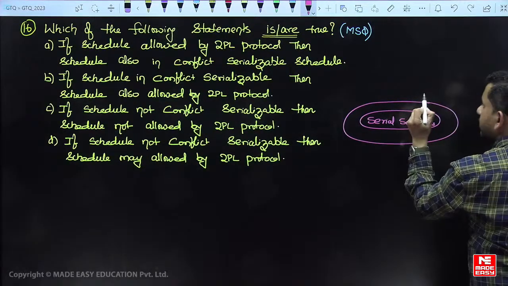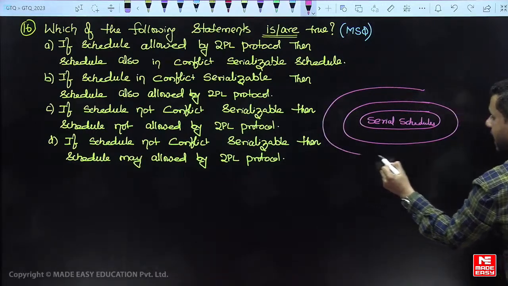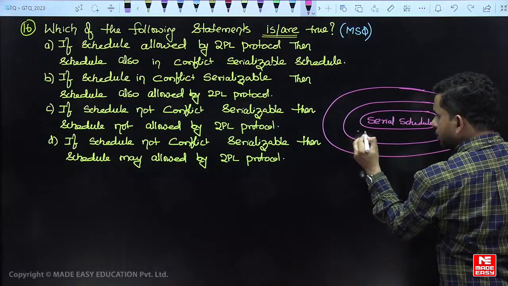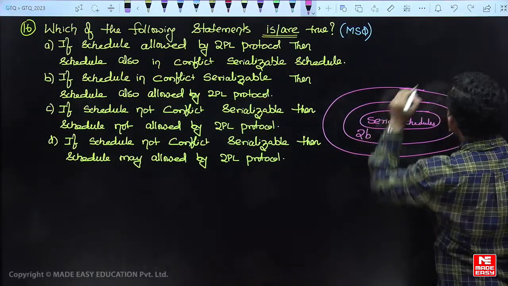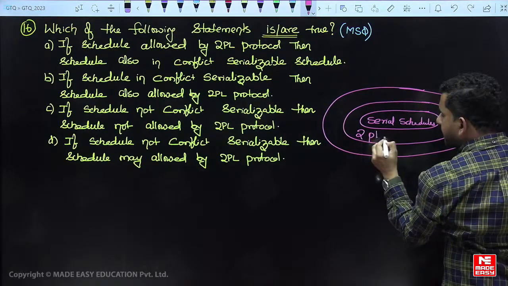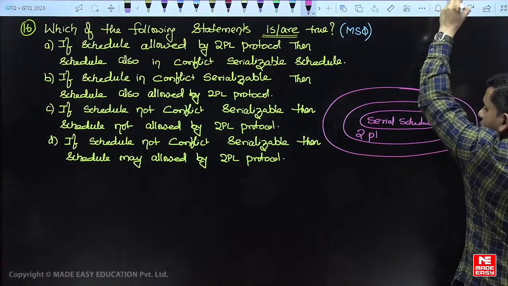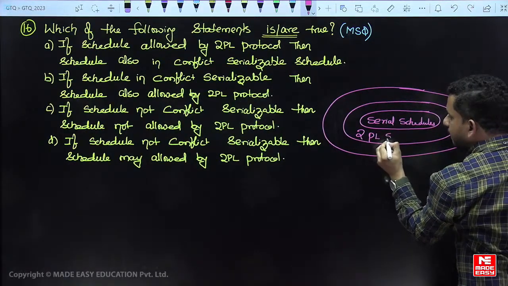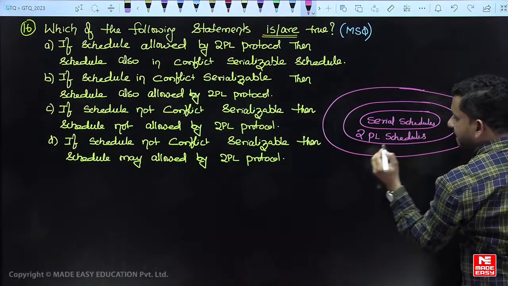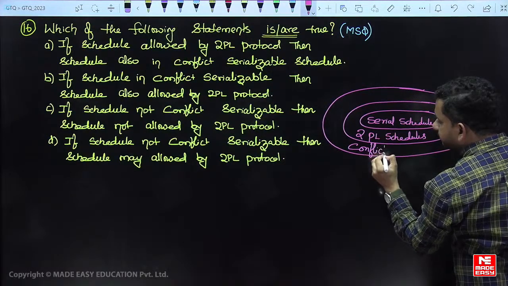Then if you think about conflict serializability as well as 2PL, two-phase locking schedules and conflict serializable schedules, like this is the expressive power.